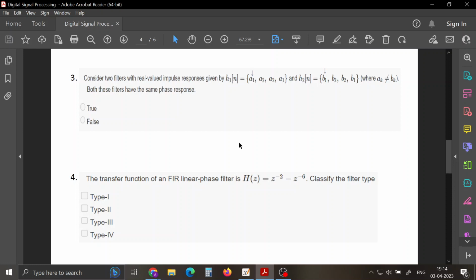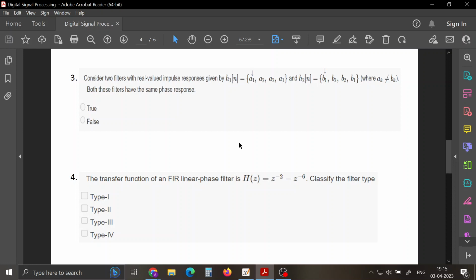So if you recall your notes, it was mentioned that the phase response, which is given by minus alpha omega plus beta, because it's a linear phase, is of this form, where alpha is the group delay and it is equal to capital N minus 1 by 2, where capital N is the length of the filter.